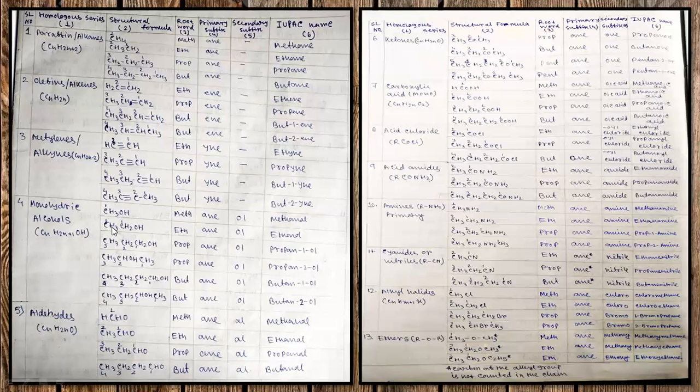If an ethyl group is attached to the alcohol group, it's called ethanol. And if a single carbon atom is attached to a hydroxyl group, it is called methanol. So single carbon atom is meth, primary suffix an, ane, and secondary suffix ol.